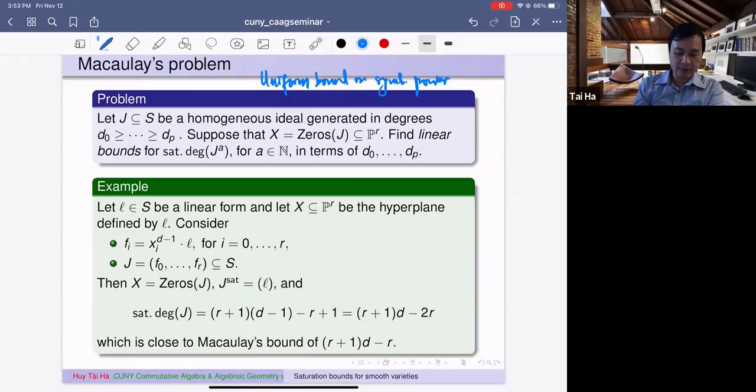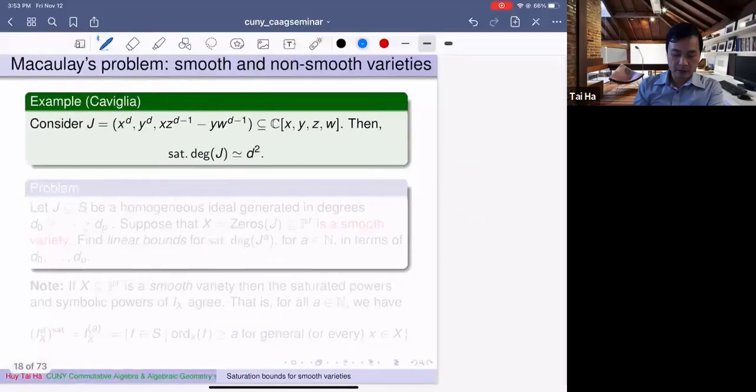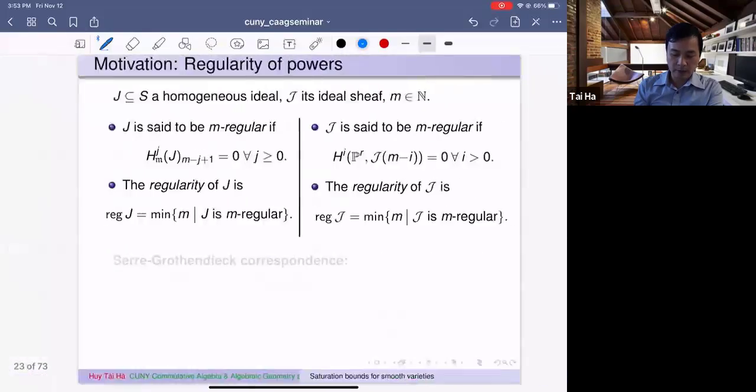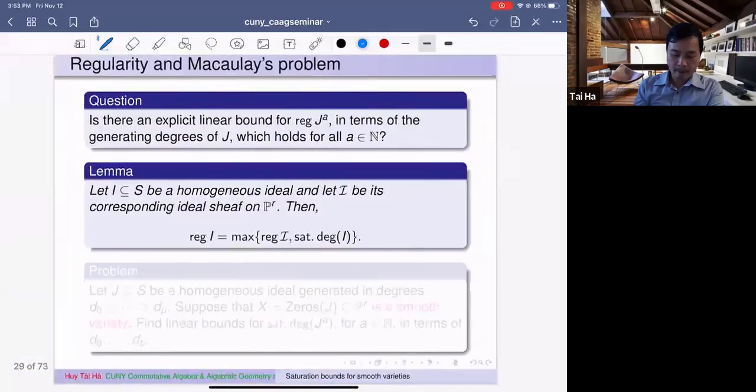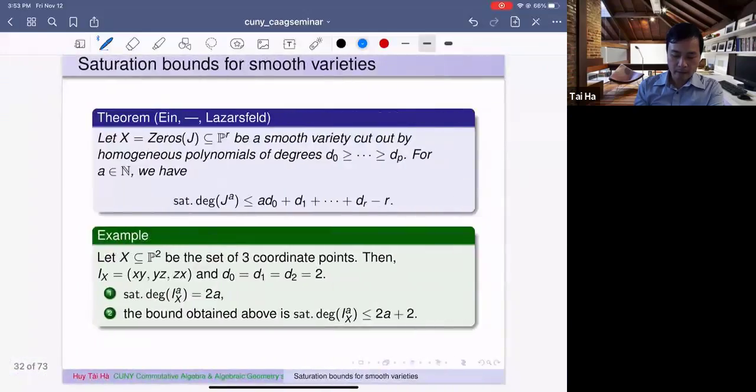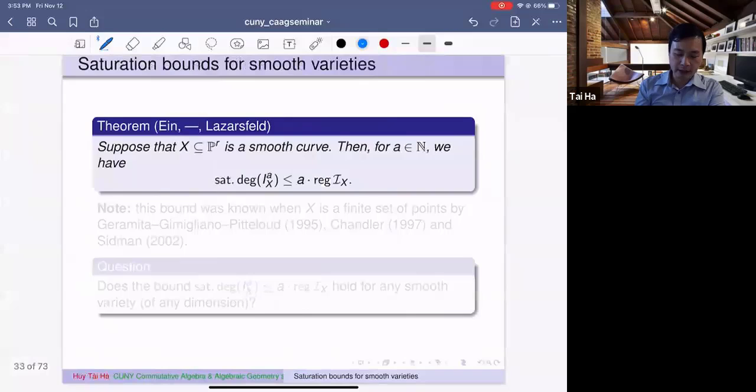So we get something very similar to the bound for curves, but instead of over here, we have the regularity of the ideal sheaf of X to the power a. So it's not exactly the same as this, but it's basically what one can hope for.